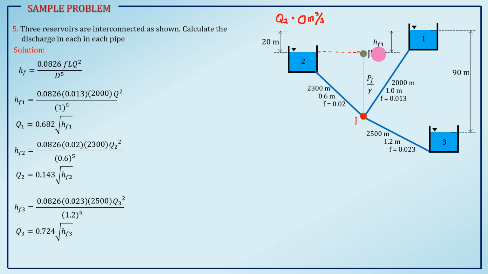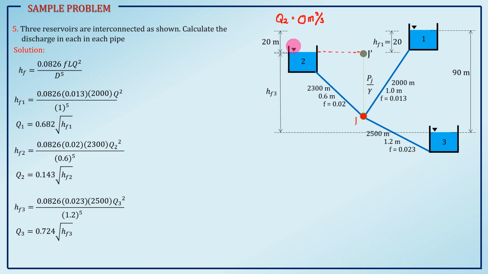So, if you will substitute this value of HF1 here in our equation for Q1, we can solve Q1. But that is not your actual Q1, no? It is just for checking our flow, based on this assumption that Q2 is equal to 0.